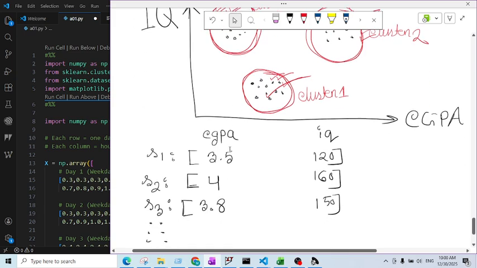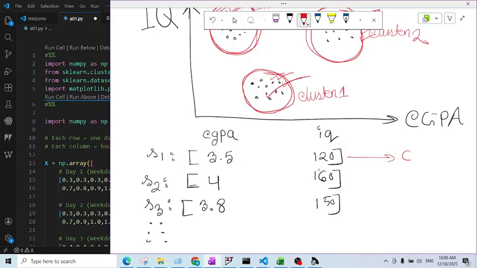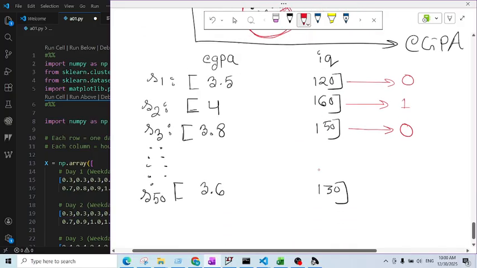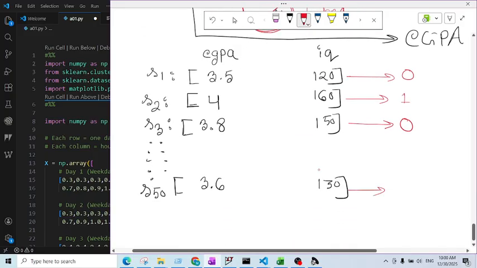Let's say if you run this algorithm, you can see student 1 is in cluster 0, student 2 is in cluster 1, student 3 is again in cluster 0, and student 50 is again in cluster 0. So this algorithm looks like this.